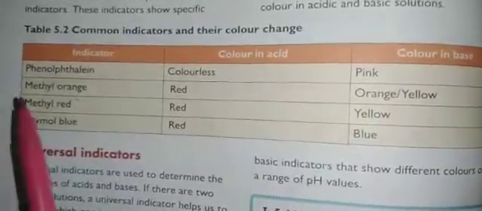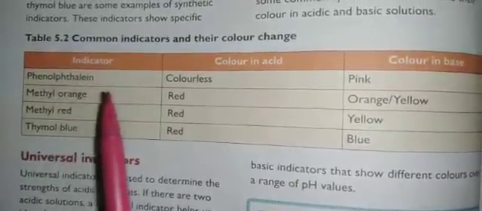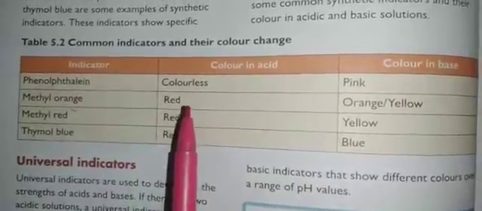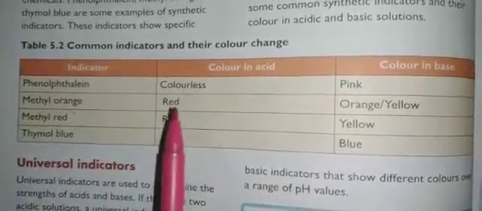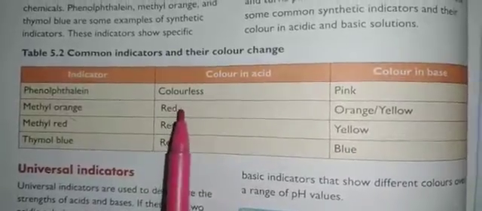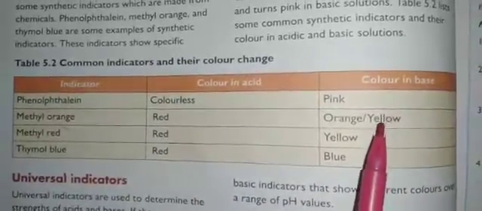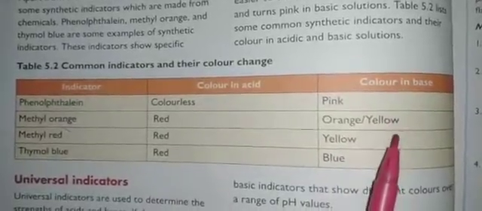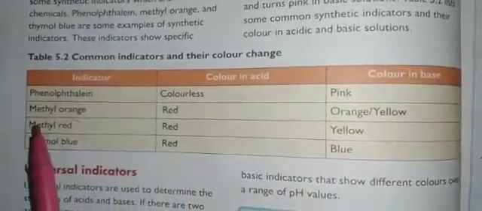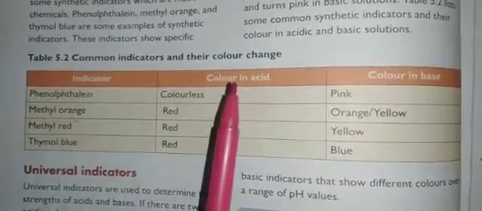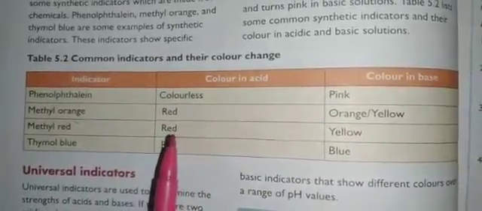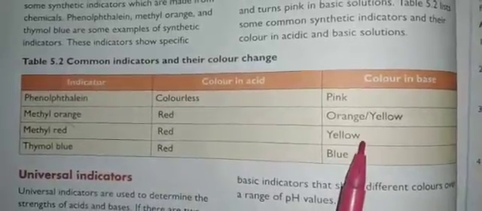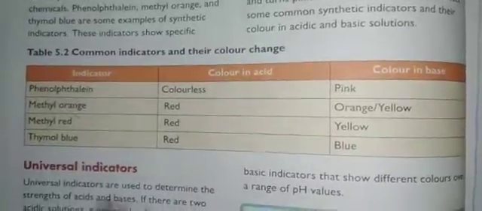Next, methyl orange. When you add it to the acidic solution, it will give you red color. And when you add it to basic solution, it will be orange or yellow in color. Methyl red gives you red color in acidic solution, and yellow color in a base.